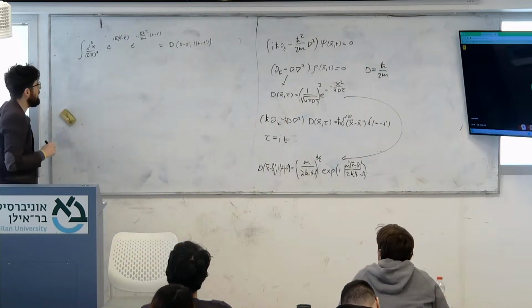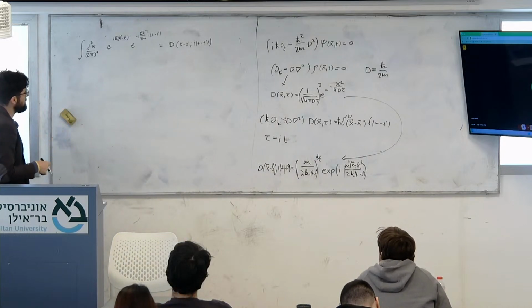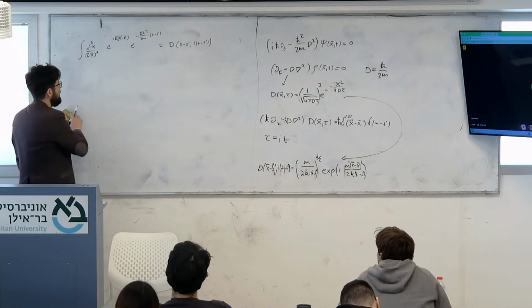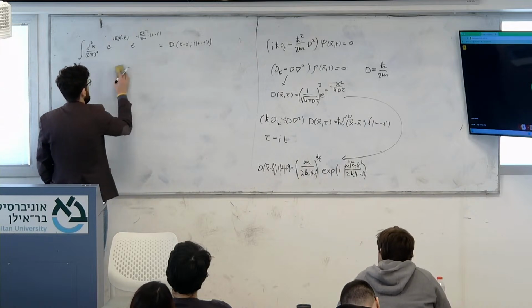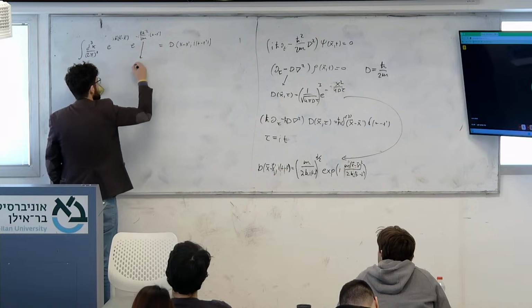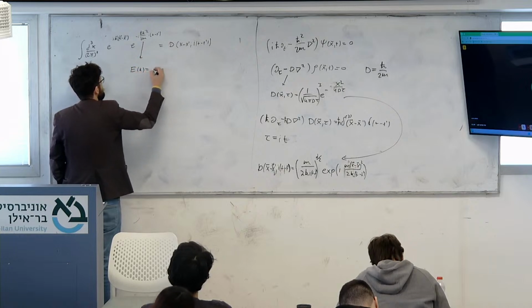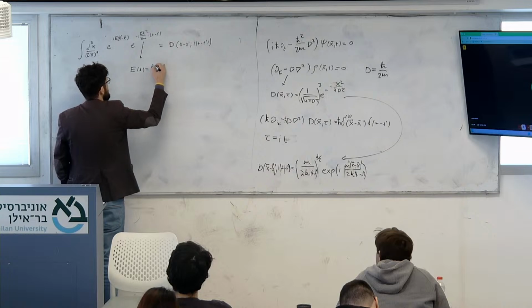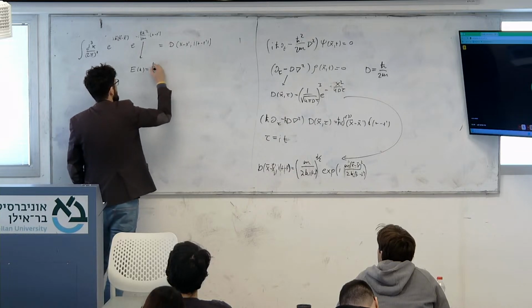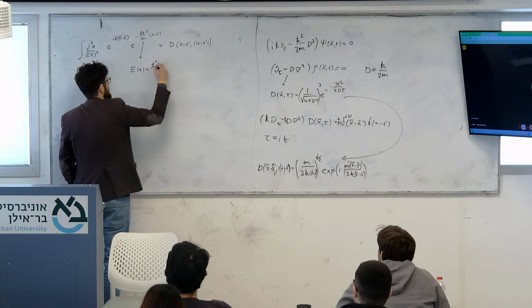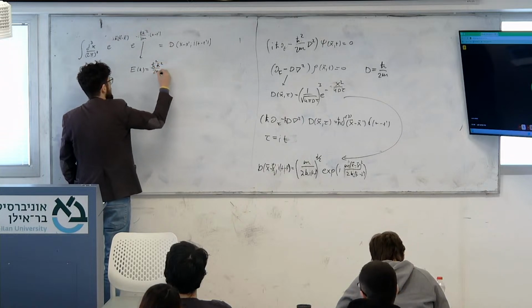Okay, and one of the things that people thought could help is that we can view this thing as a dispersion relation, E of k equals h bar k squared over 2m.